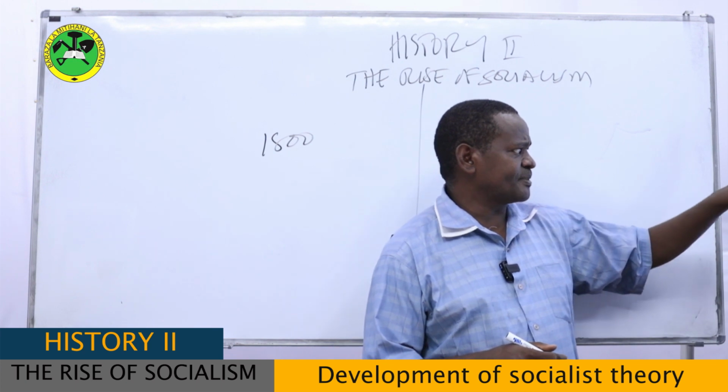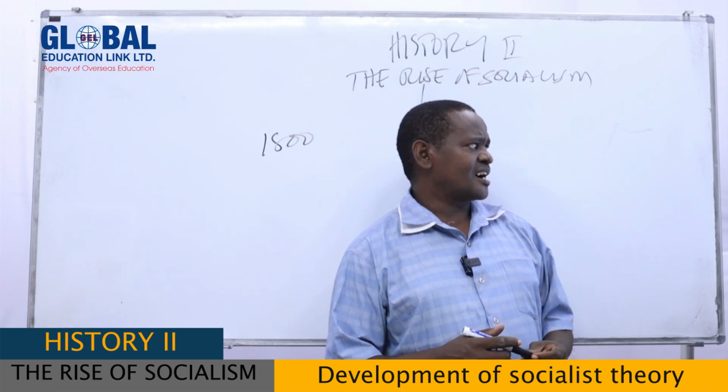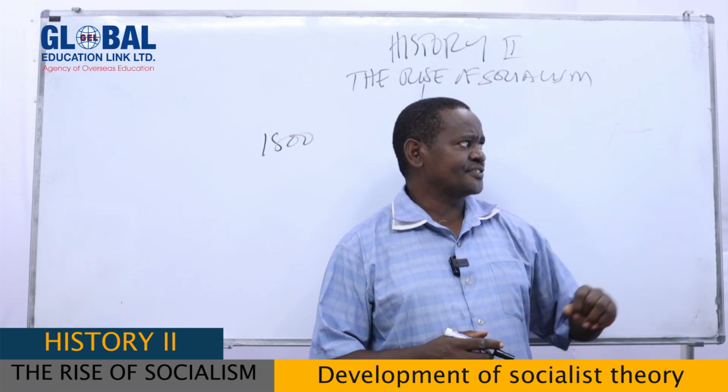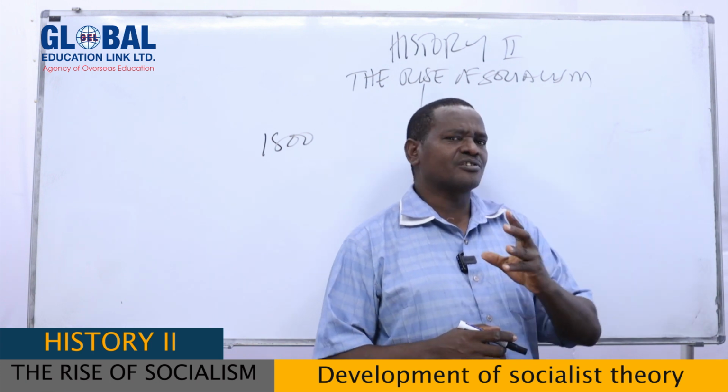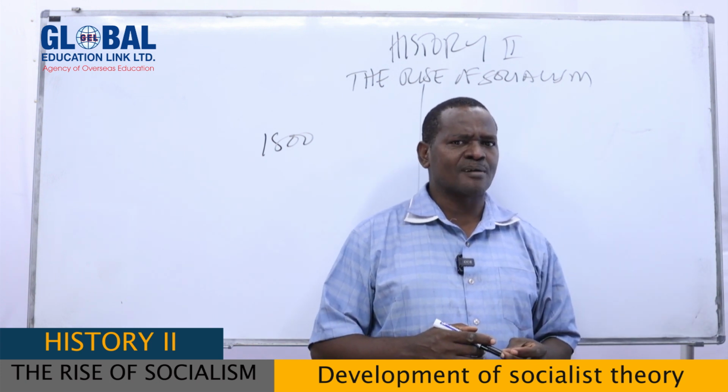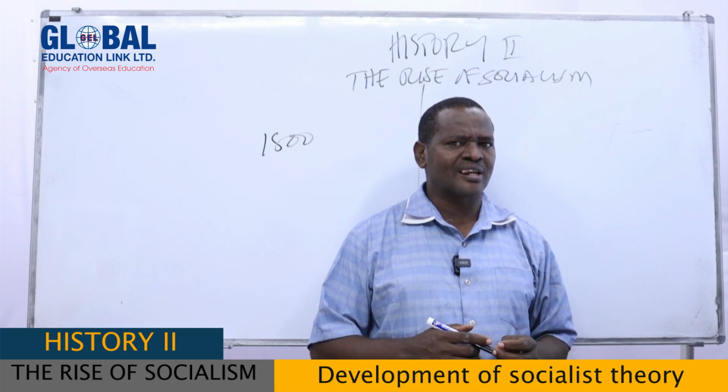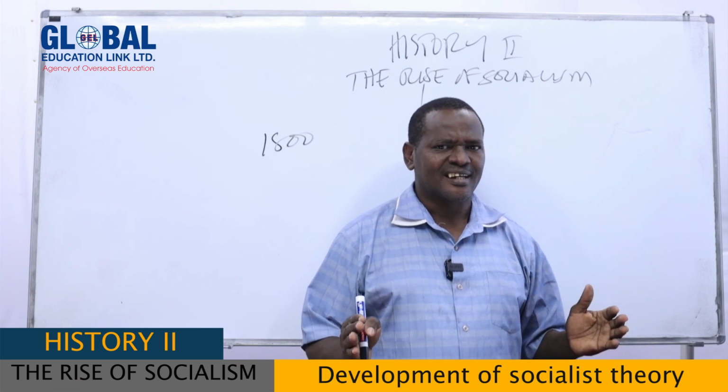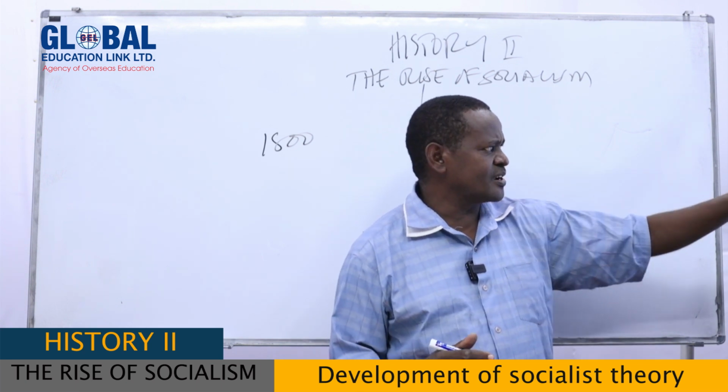So, my dear students, these people laid down a foundation for the beginning of socialism. So, scientific socialists were not troubled when they wanted to talk about a kind of system which will allow the majority of the people to share the major means of production. They were not troubled to come up with the word socialism.